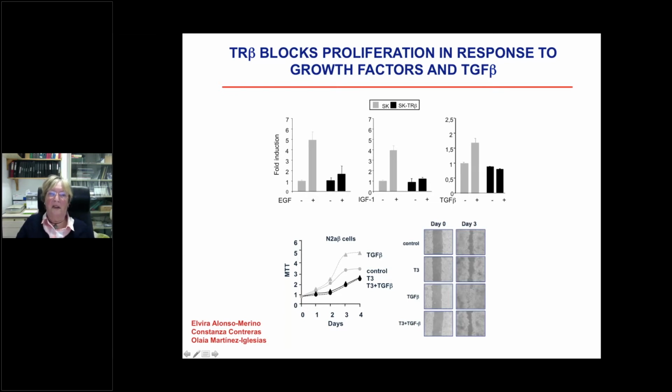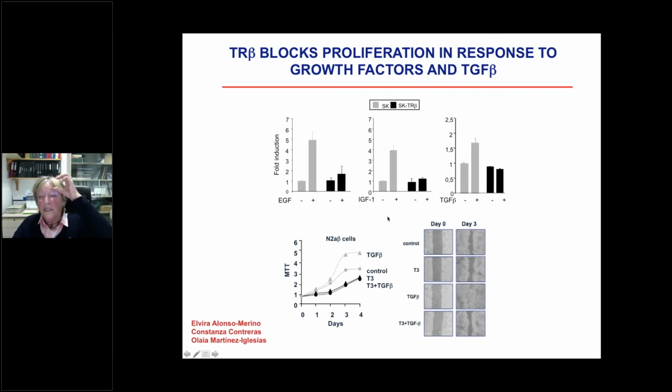But also another important role of TR-beta to block proliferation could be to inhibit the response to growth factors. And not surprisingly, because these growth factors signal through RAS, we could observe that parental cells proliferated strongly in response to EGF or IGF-1, but the TR-beta expressing cells were unable to proliferate in response to these factors.